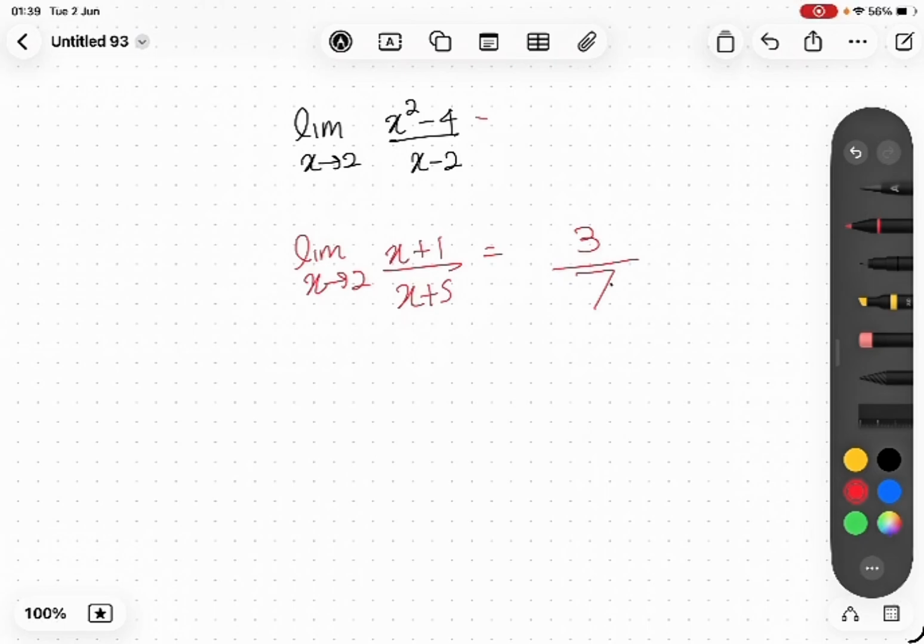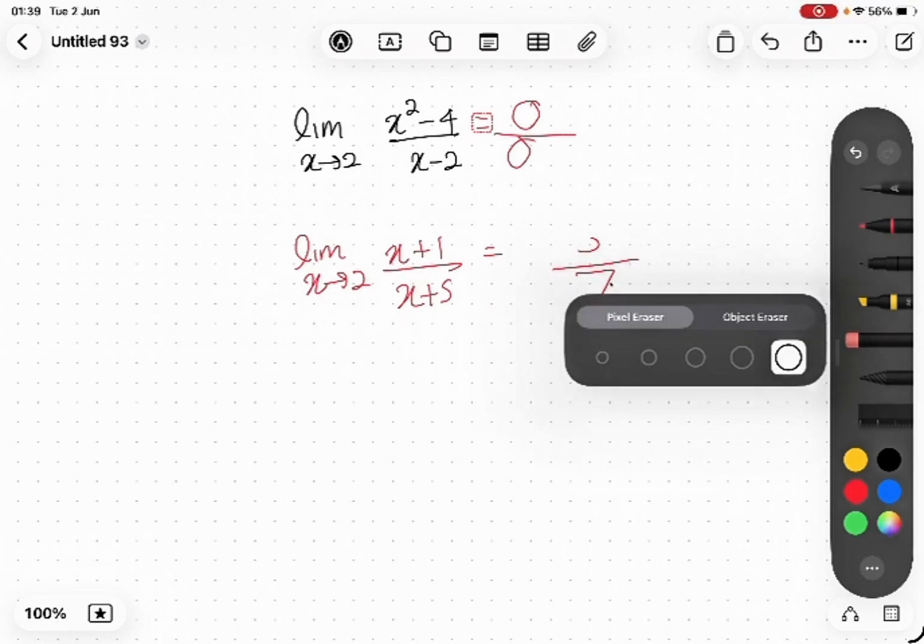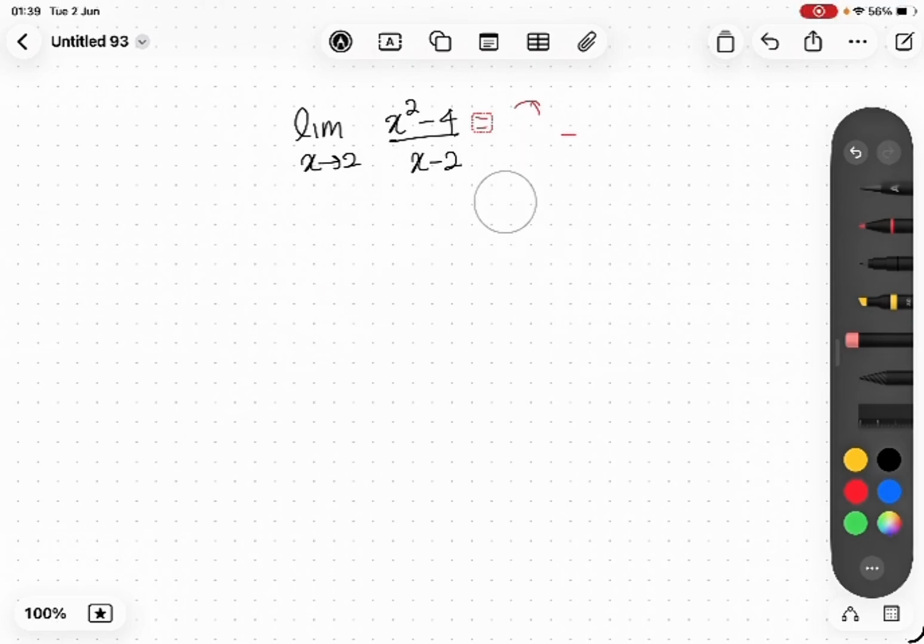Now, when you substitute 2 here, what will happen? Numerator and denominator both become 0. You know 0 over 0 is an undefined condition in mathematics. So you have to avoid these problems with undefined conditions.